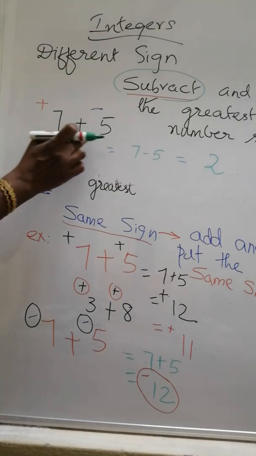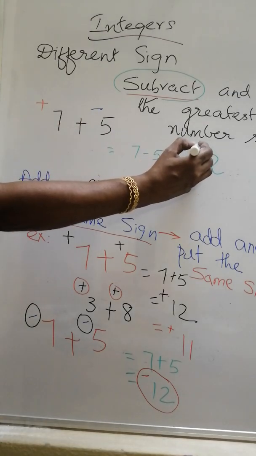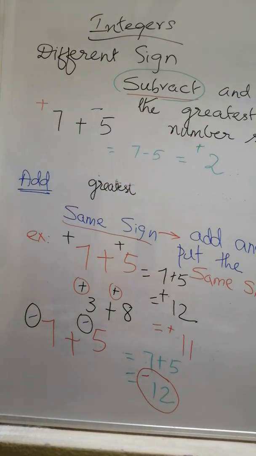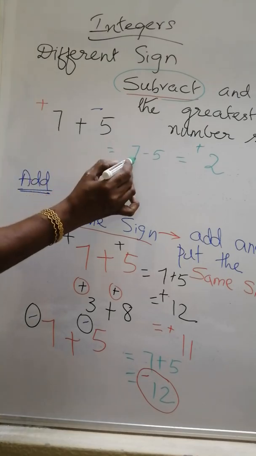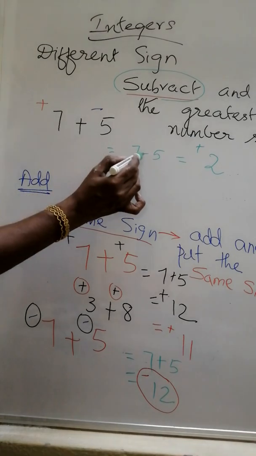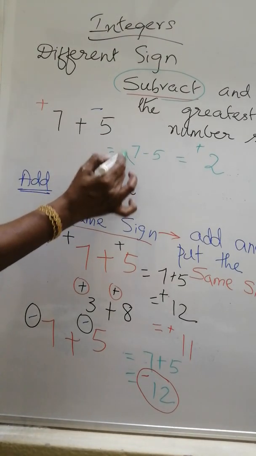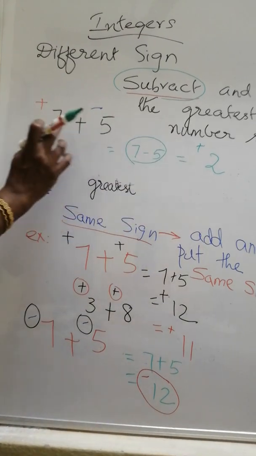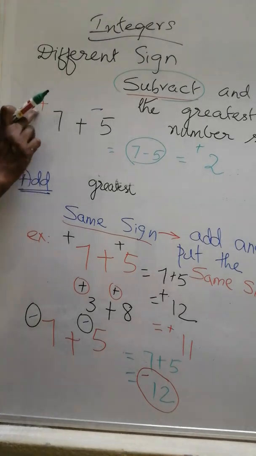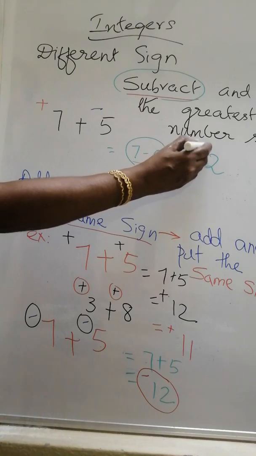When you compare 7 and 5, the greater number is 7. So its sign is positive. When we subtract, we usually subtract the smaller number from the greater number. So here, if we write 7 minus 5, you will get the result 2. Here the sign of the greater number is positive. So we give positive sign.